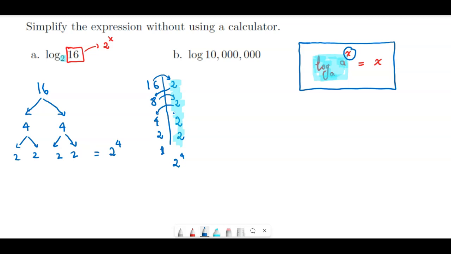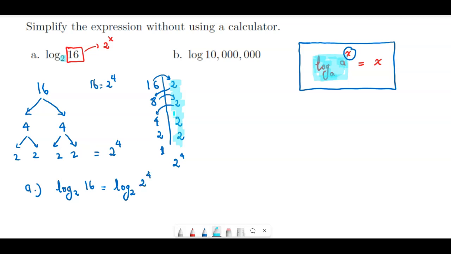So now, how can I transform my expression for a? I have here log base 2 of 16. And since 16 equals 2 to the fourth, I'm going to substitute this there. So it's going to be log base 2 of 2 to the fourth.